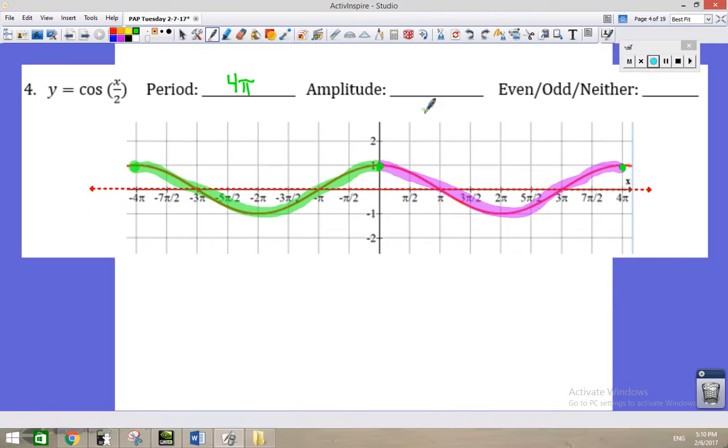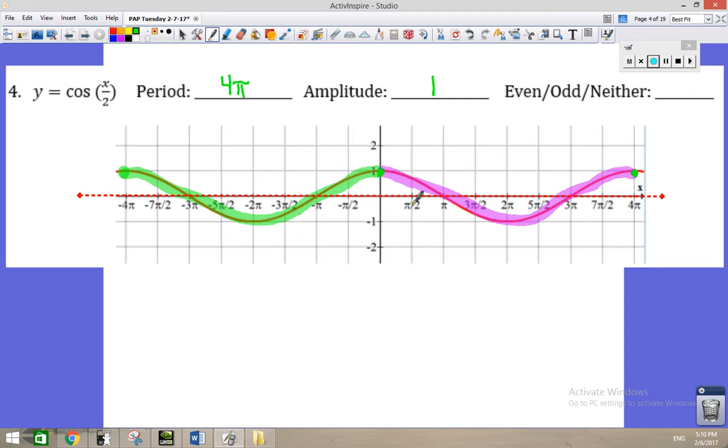So the amplitude is a distance. It's always positive. So if you're thinking 1 unit down, if you're thinking -1, take the absolute value of it because it's a distance, and that's 1. Now here we see that we have symmetry with respect to the y-axis, which is an even function.